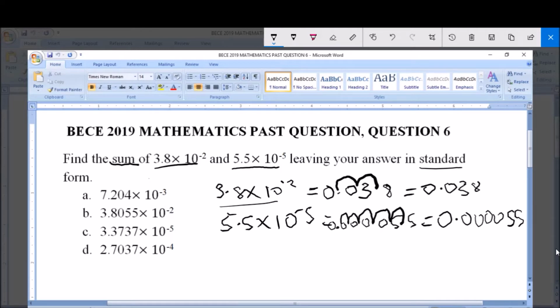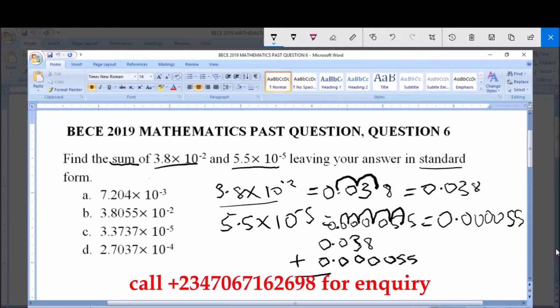So we have 0.038 plus 0.000055. Now let's add this together and see what we have.